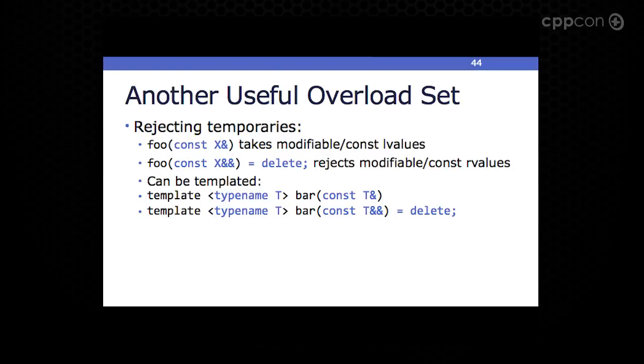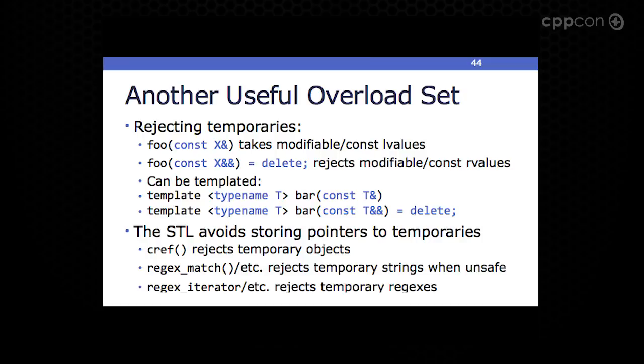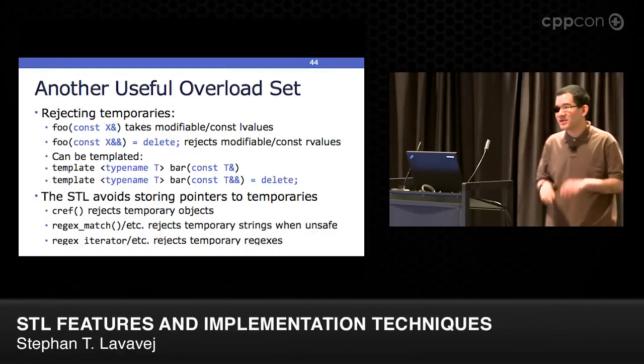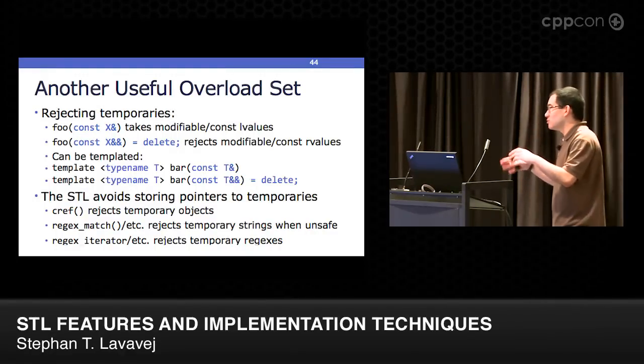You can also template this without harm, unlike the move semantics overload set where trying to template it gives you trouble. Here it's totally fine to template it and take const ref, which is good, or const ref ref, which is bad, and delete it. The STL now uses this in more places. Back in C++11, the function cref, which creates a reference wrapper, stores a pointer into the thing and basically automatically dereferences it whenever you use the reference wrapper.